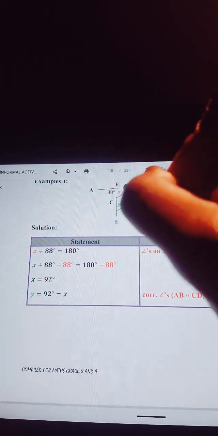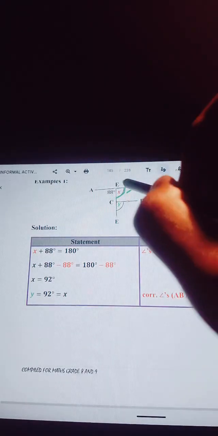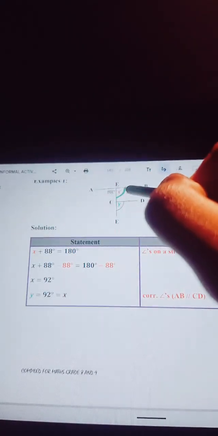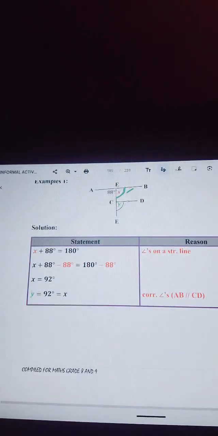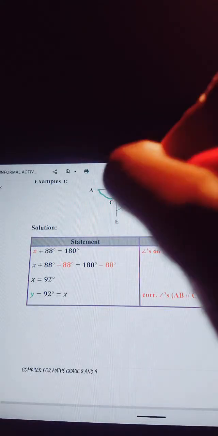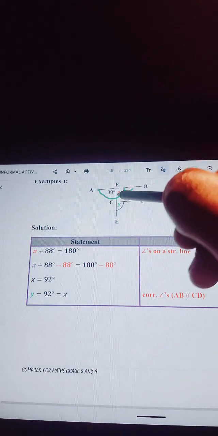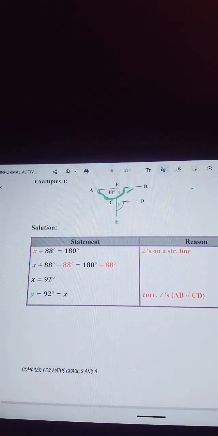Practically speaking, this x is that angle from that arm EB to this arm EE. Then from here to there is 88 degrees. But if you take x and 88 together, they complete a full straight line.